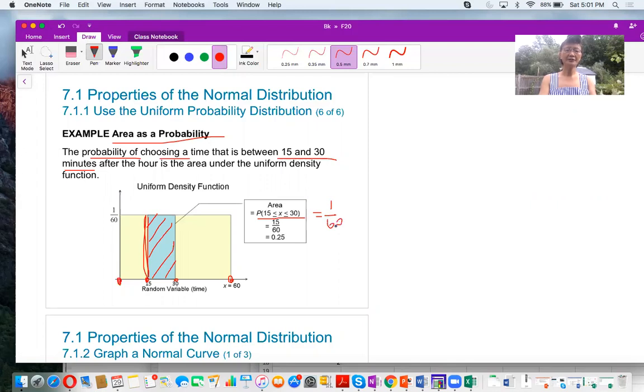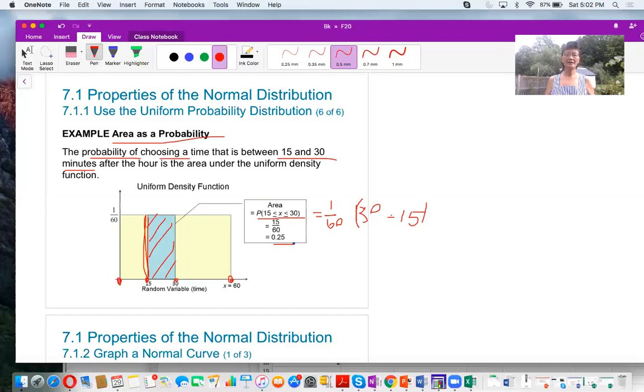And the width is 30 minus 15. 30 minus 15 is the width. Okay, 30 minus 15. So you get 15 over 60. It is 0.25.